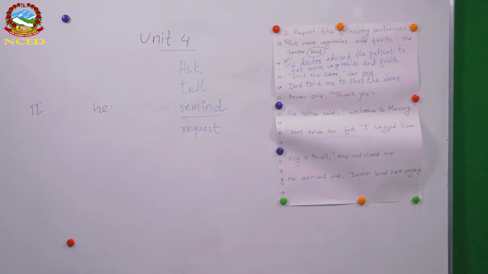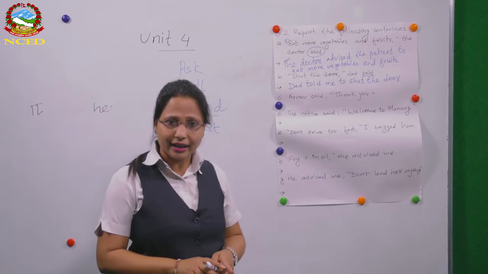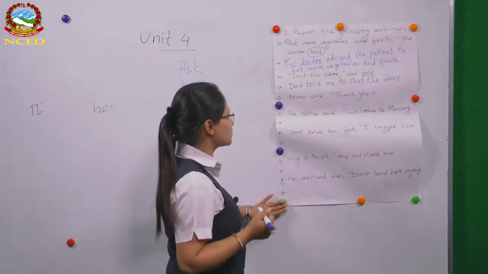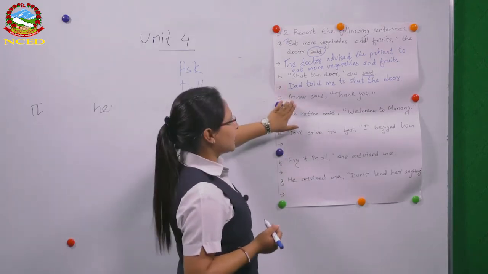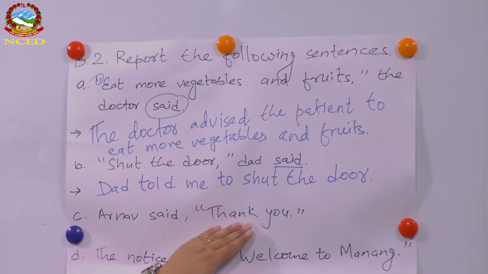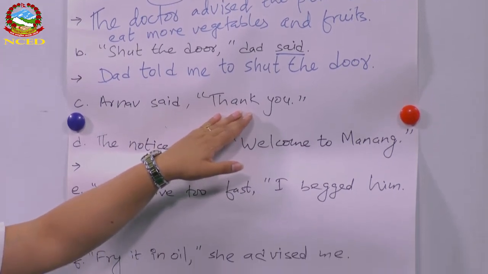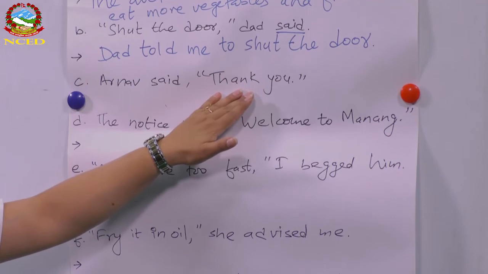Okay? So I hope you are getting all these things clearly. If not, please ask your teacher as well. Now, number C. Arnab said, thank you. Now tell me, is this a command? No, this is not a command.